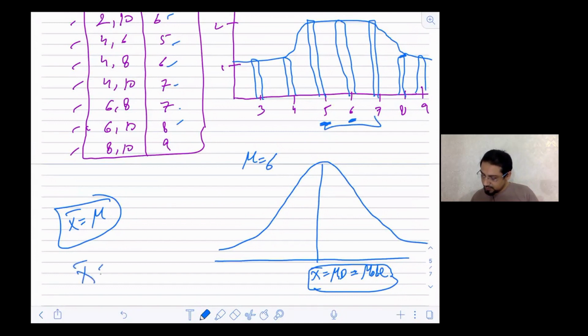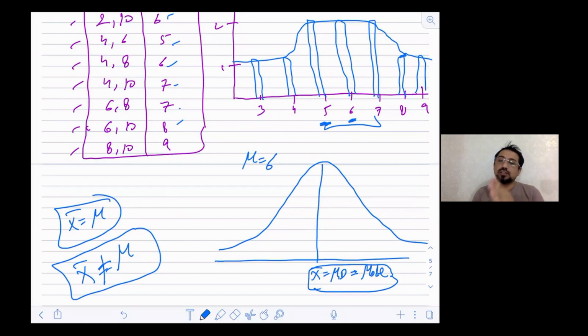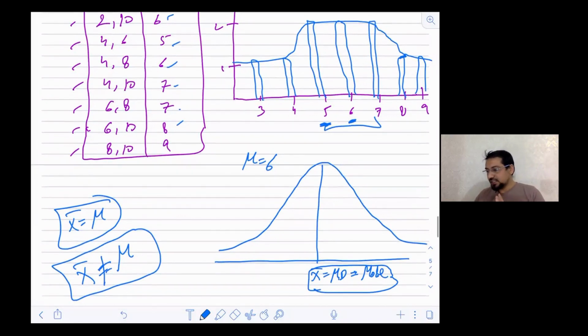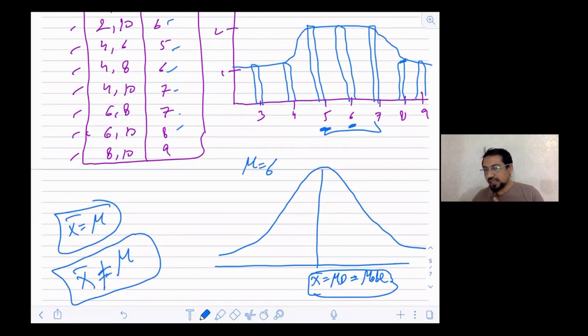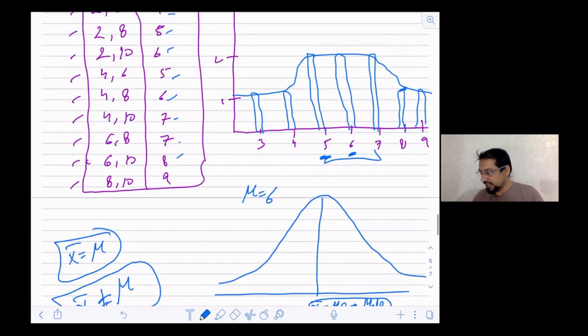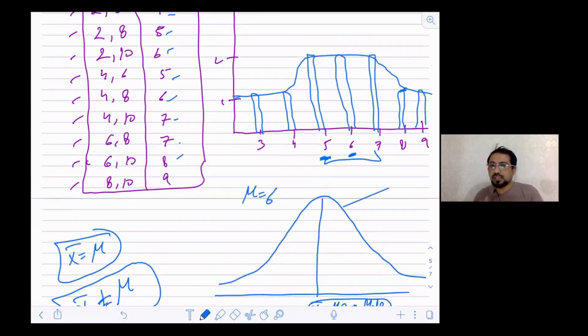As I said, it's not necessary that your sample mean will represent the population mean. However, you can still see that though this curve is not like that curve, it looks like it.